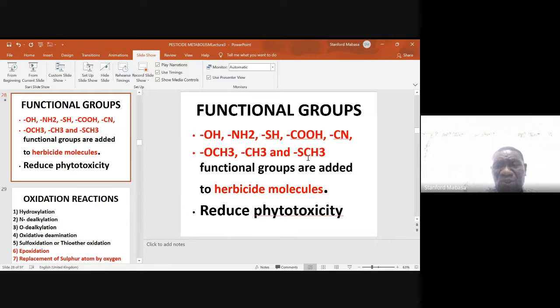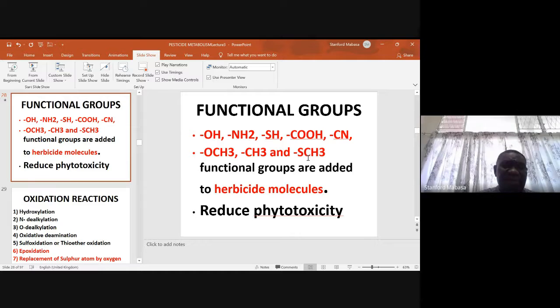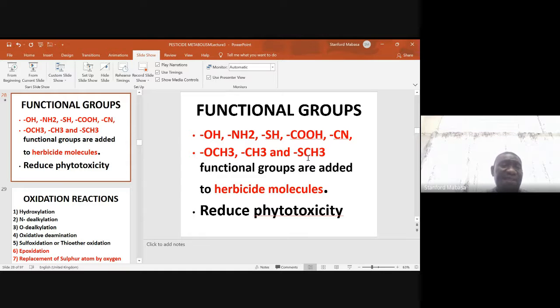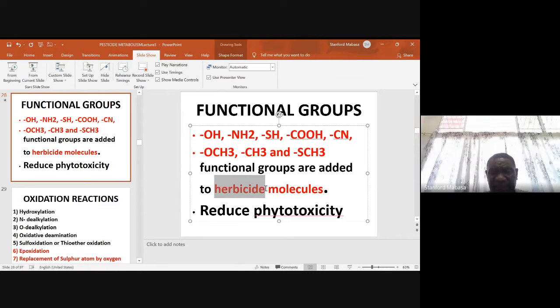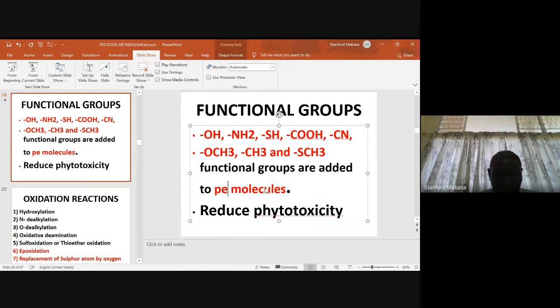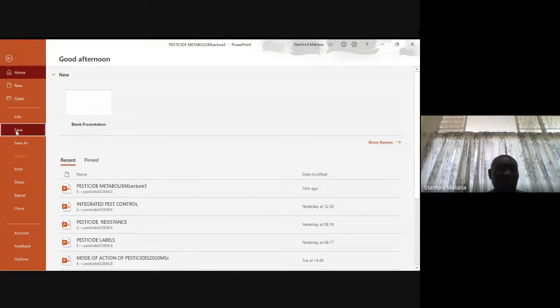These functional groups could be added to either a herbicide molecule, insecticide, or a fungicide, which will reduce the toxicity. Maybe let us change here to pesticide molecule.